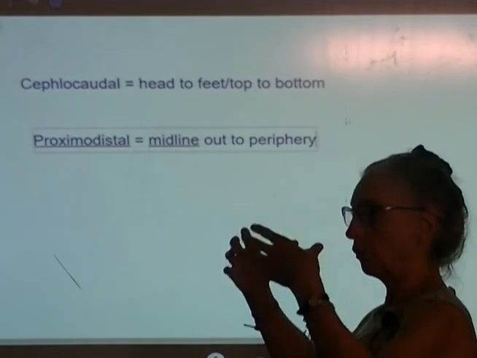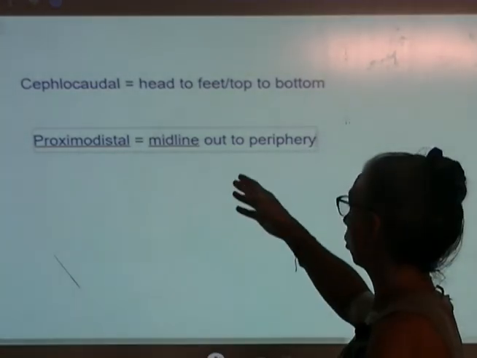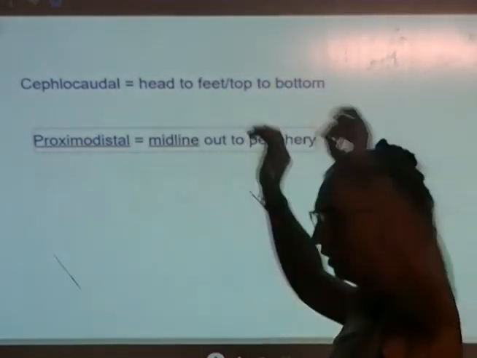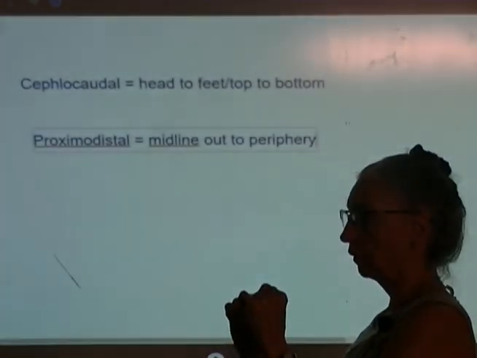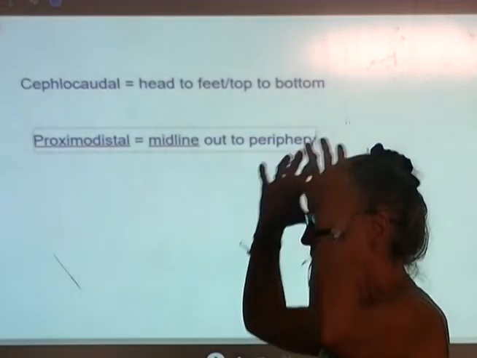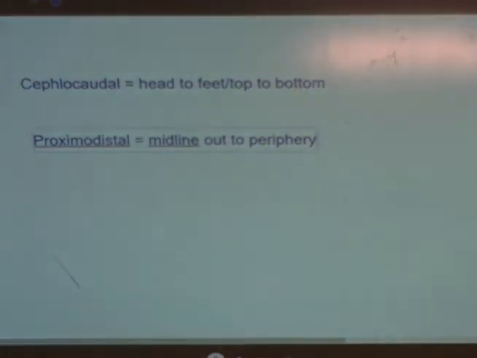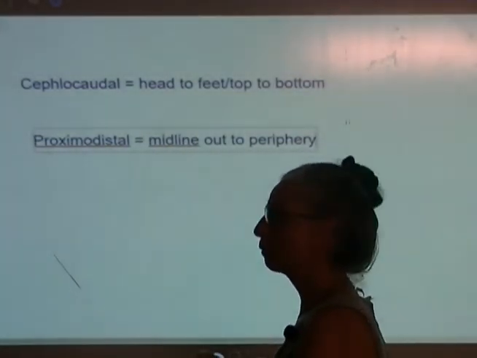And so some of what we see occur is because we've got less development out here than we have here. Or we've got more development here than we have here, and that makes us very top-heavy and easy to fall over. All right?